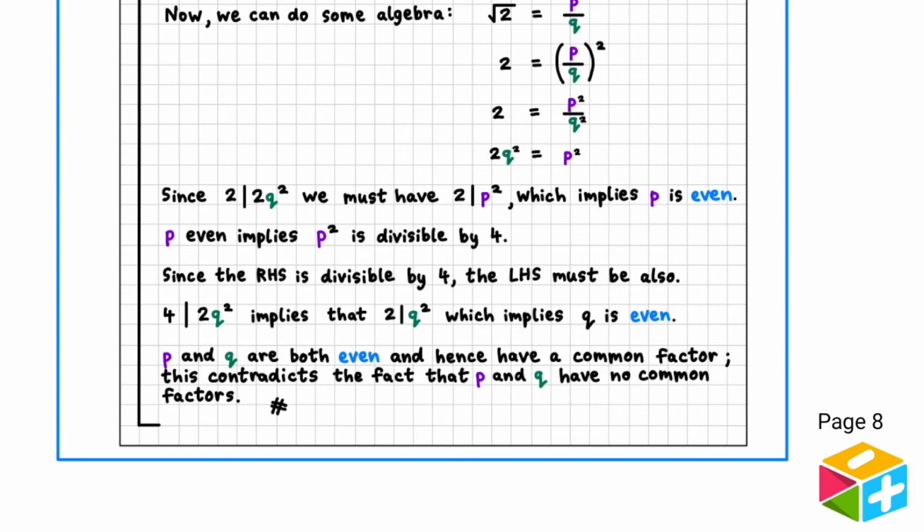Well, we've shown that p is even, and we've shown that q is even. This means that they have a common factor of 2. But earlier, we assumed that p and q had no common factors. So we've obtained a contradiction, and this concludes our proof.